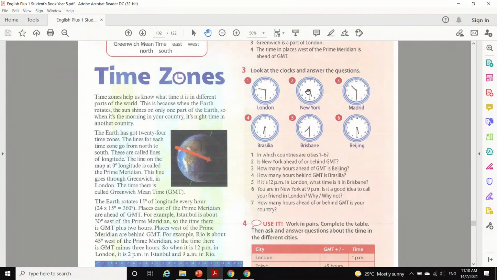Okay, 4 hours. Now if New York time is 9 o'clock, so you go forward, because for London you have to go backward. Oh, sorry. If you are in New York, 9 o'clock, you have to go forward, because here you go forward until 9:30, so here also go forward 4 hours.